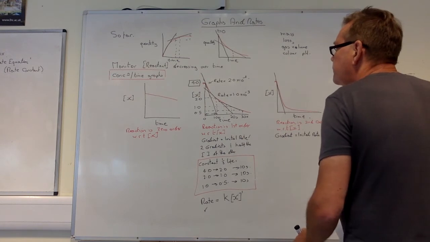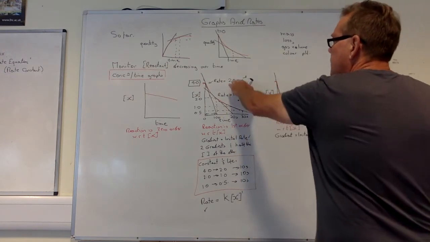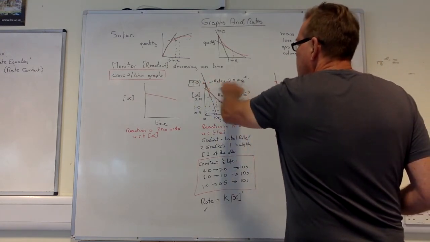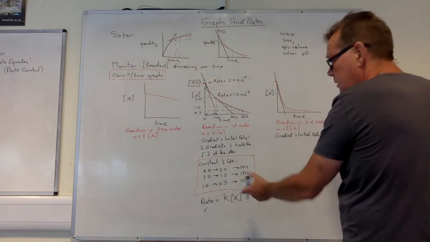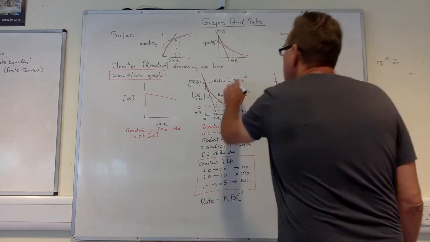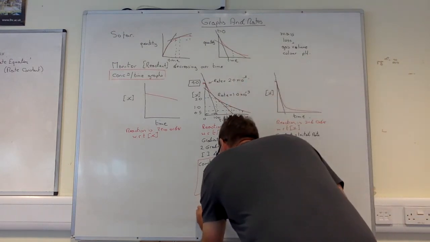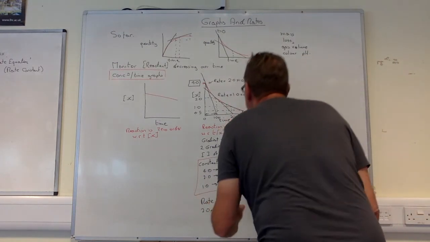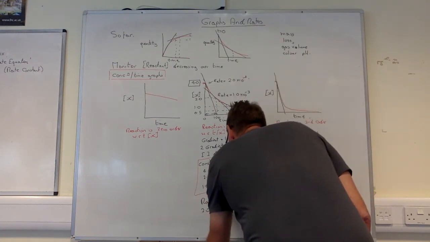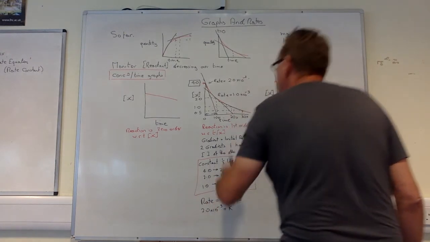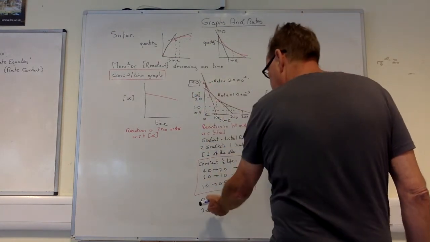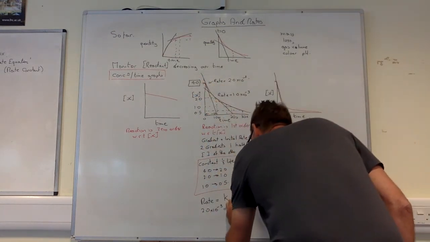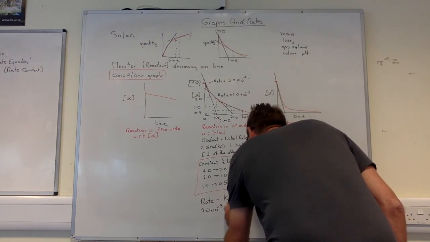So if I take my numbers here, at 4, the rate is that. You can work out k from this as well, because taking my numbers, the initial rate is 2.2 times 10 to the minus 3 equals k, first order, which you've deduced, times the initial concentration, 4.